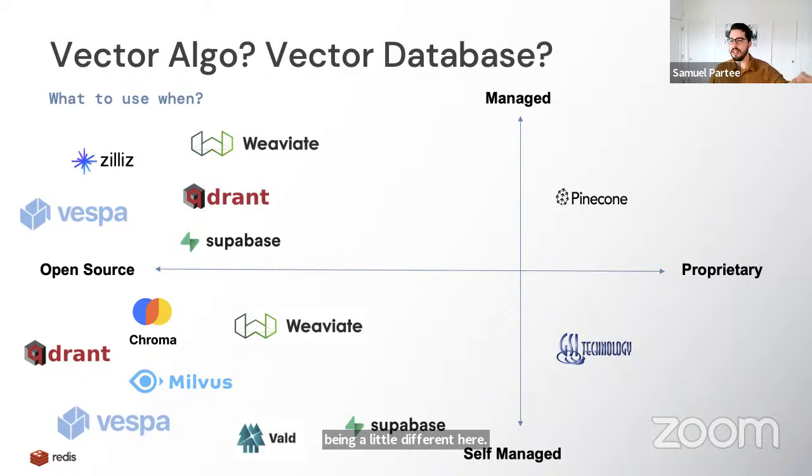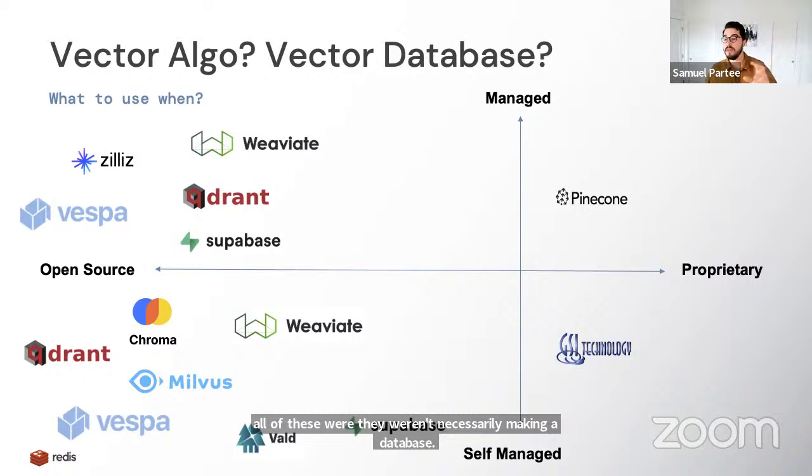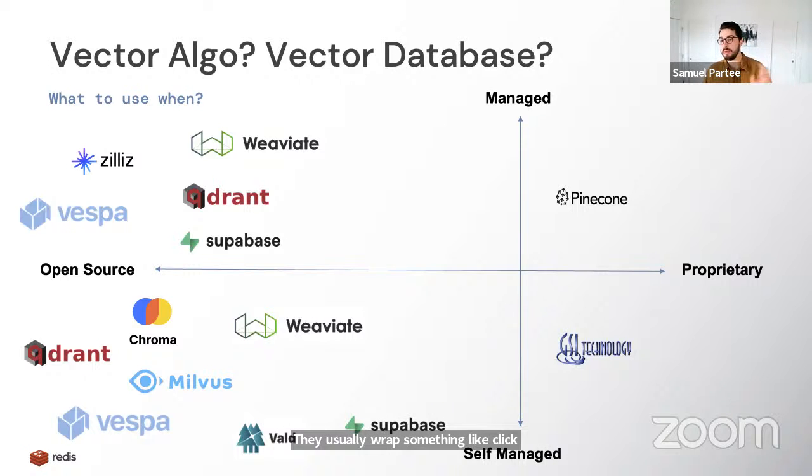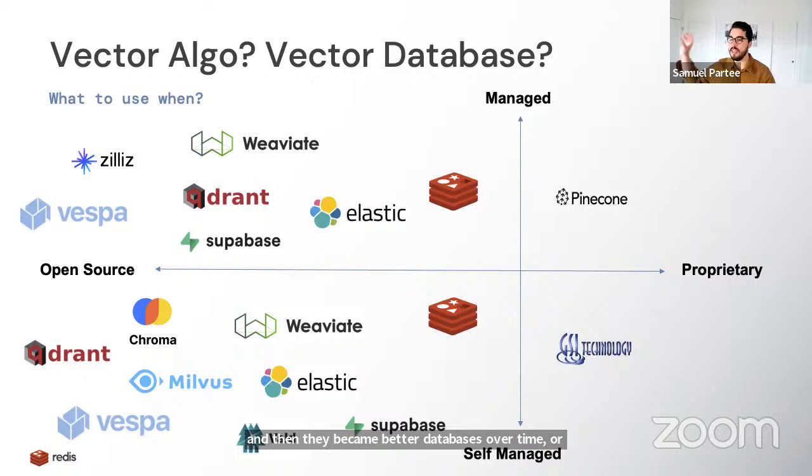They usually wrap something like ClickHouse or Rocks, and then they became better databases over time, or they're becoming better databases over time, versus this category, which are databases that are becoming better vector search platforms. So there's an interesting dichotomy between the two. And that is something that should be considered when you're actually going to production with these kinds of things.